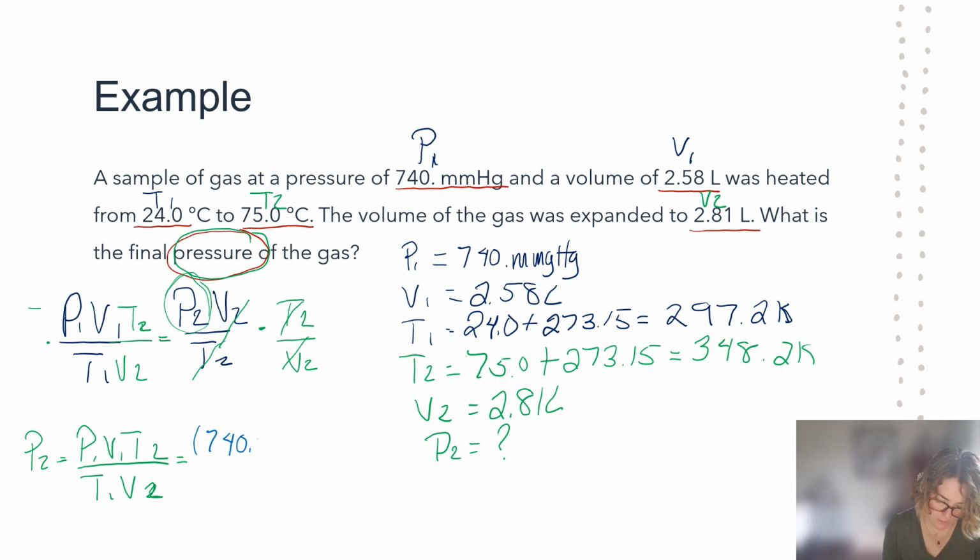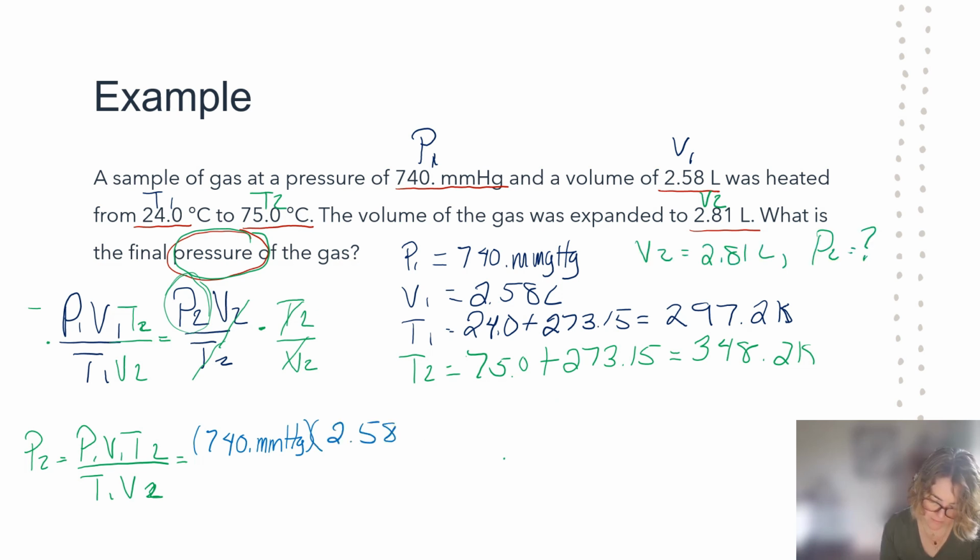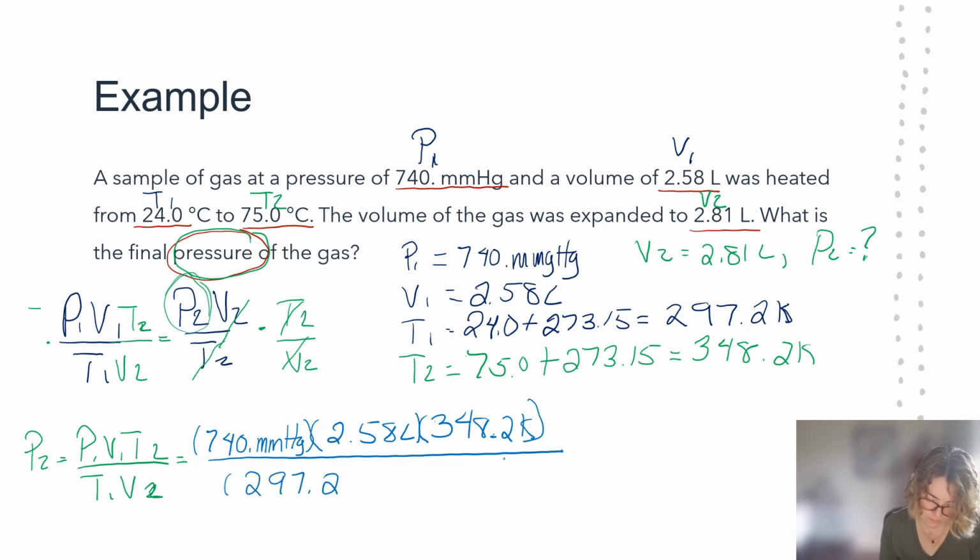Take 740 millimeters of mercury times V1, which is 2.58 liters, times T2, which is 348.2 Kelvin, all divided by T1, which is 297.2 Kelvin, and V2, which is 2.81 liters.